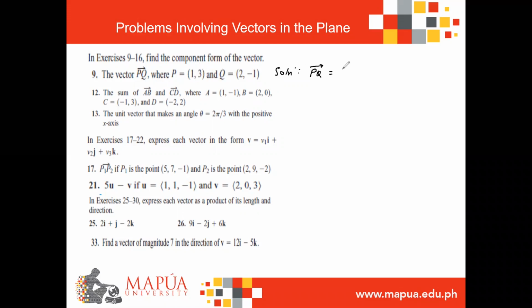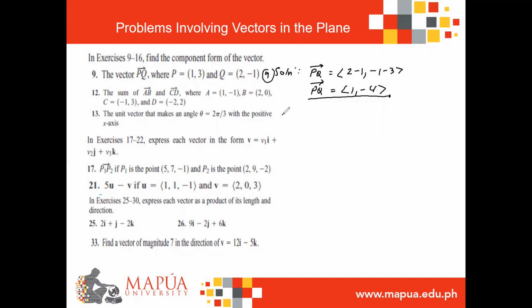And that will be in bracket notation, 2 minus 1, then you have negative 1 minus 3. So therefore, the components now of your vector PQ is equal to 1, negative 4. So that's the answer for problem number 9.